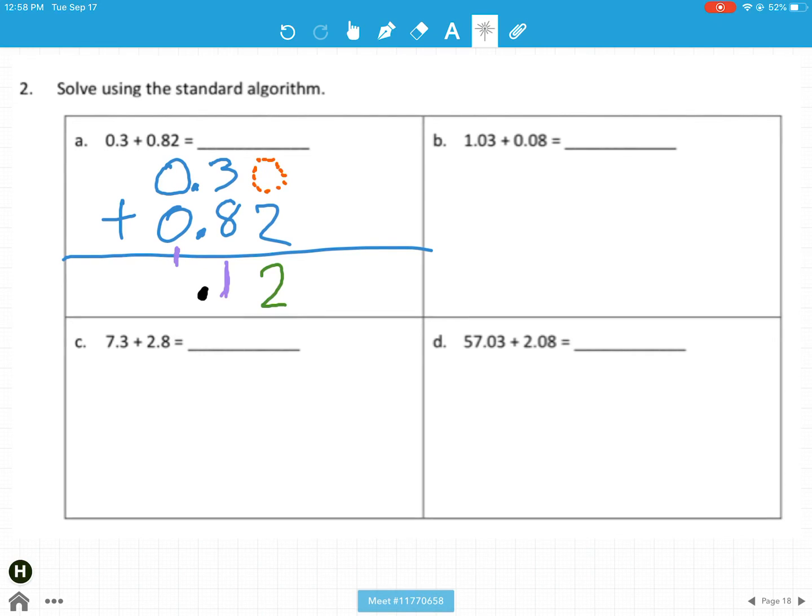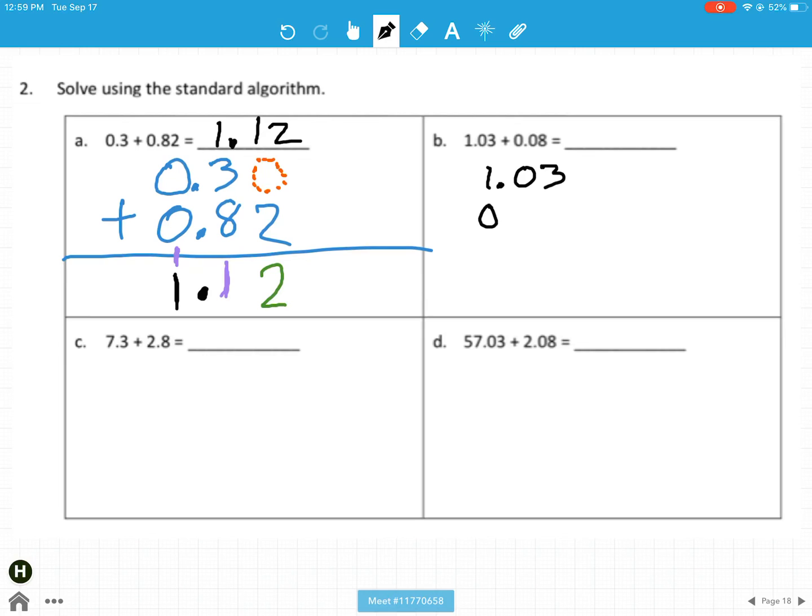And as you can see, I put 11s right here. I composed one of my tenths and moved it over to the ones. So now I have a 1 in the ones place. So my answer is 1.12, 1 and 12 hundredths.